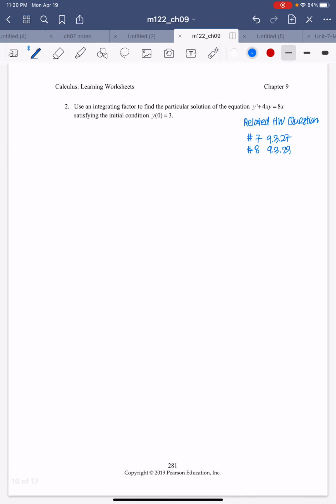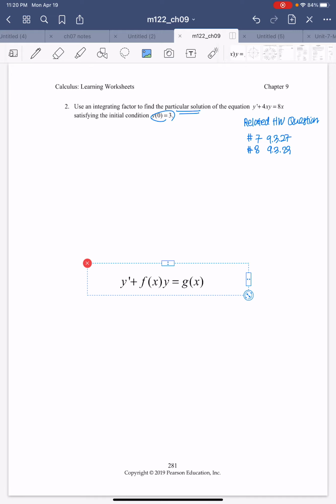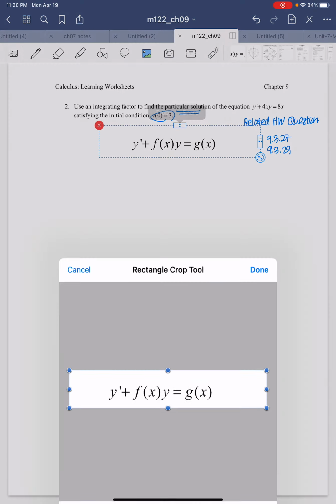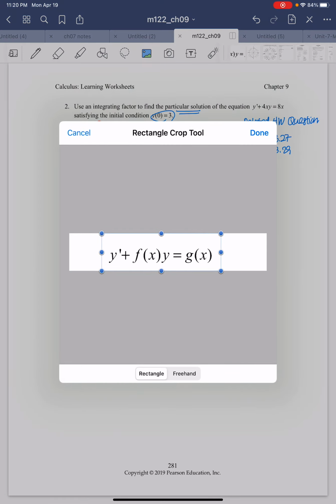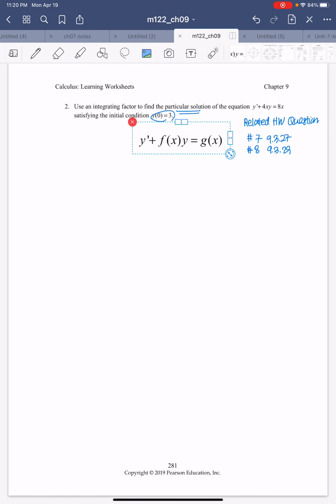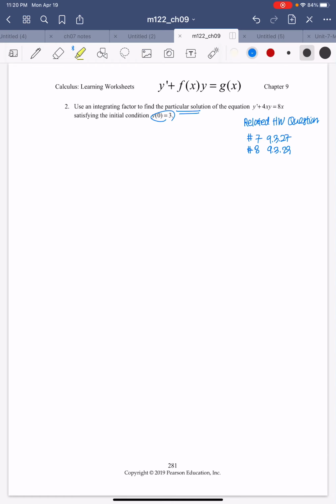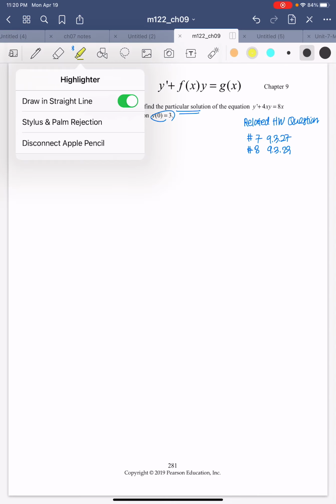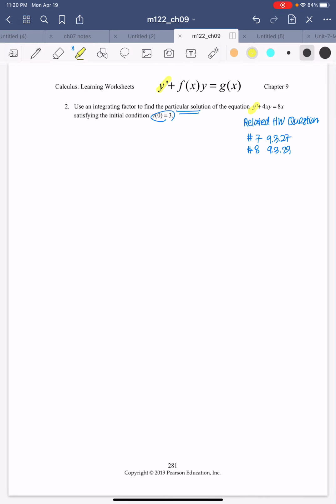This time, we are going to find a particular solution because they give you the initial condition. So we are going to do exactly the same thing, but we are going to solve for C as well. Here we have our general formula written, and you can see that they are matching this time, so I don't have to do any work. y prime, y prime.